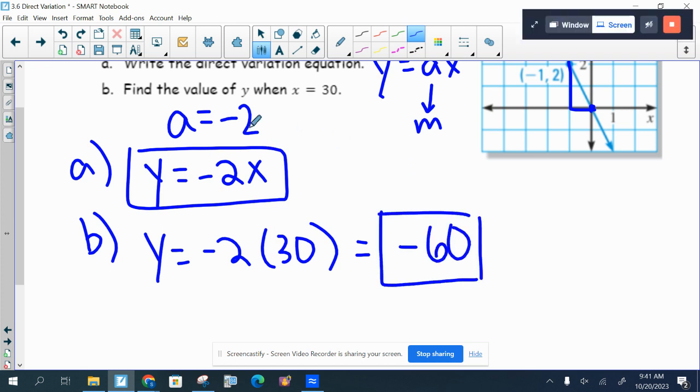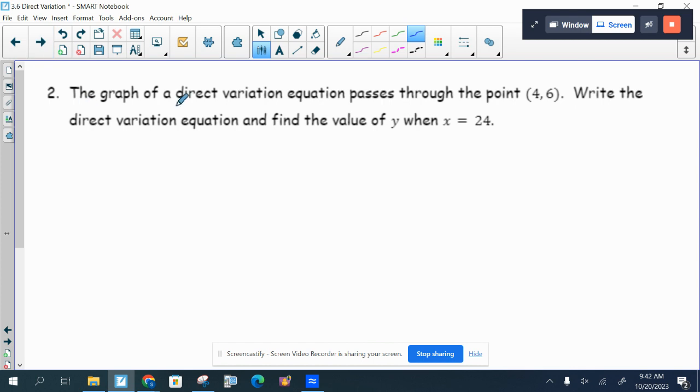Also, your constant of variation is like a pattern. So the pattern is you're multiplying all of your inputs by negative 2. So if your input is 30, your output is negative 60. The next one says the graph of a direct variation equation passes through 4, 6. Doesn't give you the graph, so what we can do if you want is make your own.